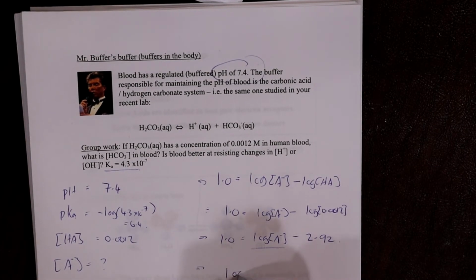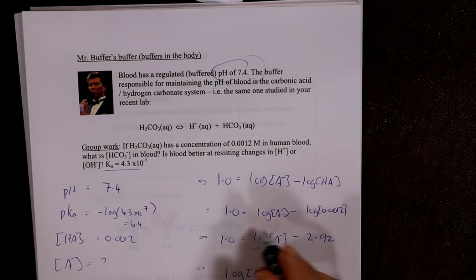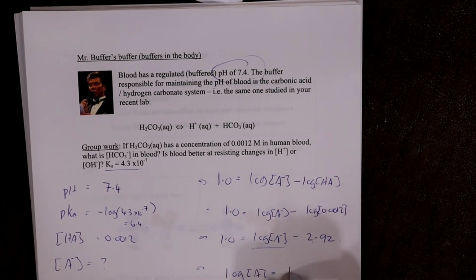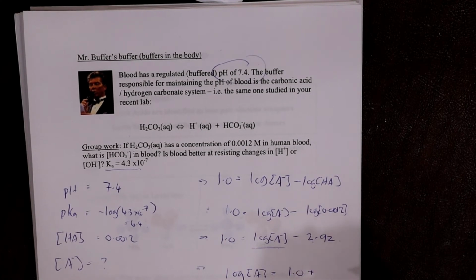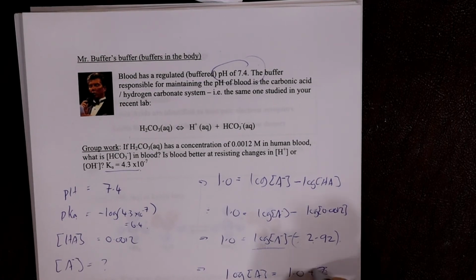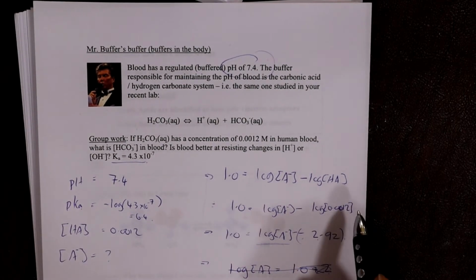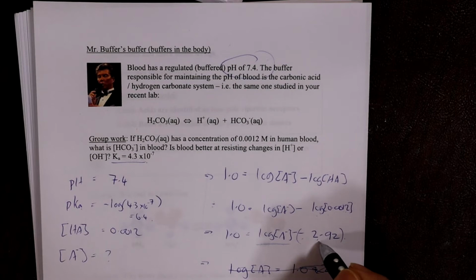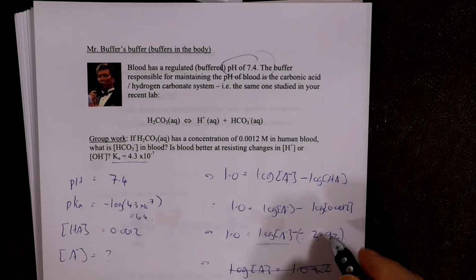Rearrange it, and this is our destination. Make sure I get my signs right. The log of 0.0012 is minus 2.92, and I'm subtracting it, and minus times a minus is a plus.